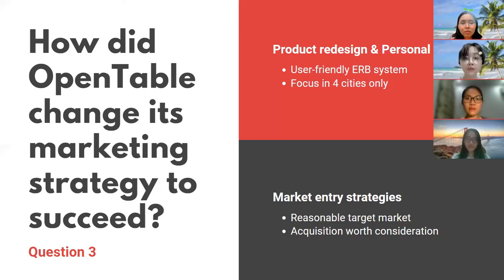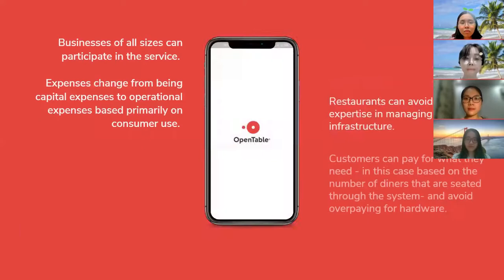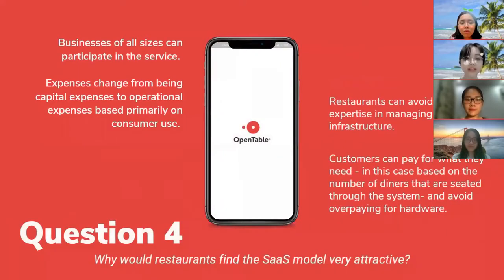And now we'll move to the fourth question. The fourth question is: why would restaurants find the SaaS model very attractive? The SaaS model, or software as a service, is very attractive for three main reasons. First, businesses of all sizes can participate in the service.